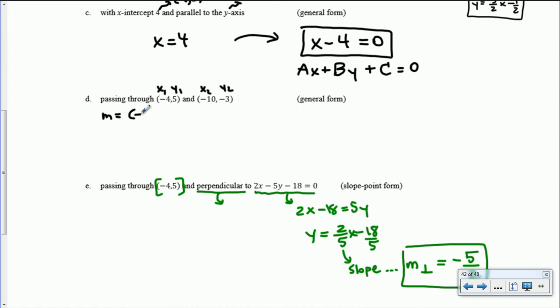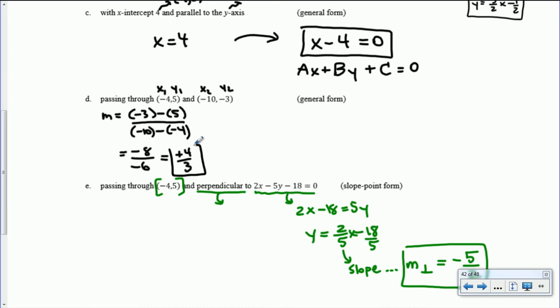So we're going to go -3 subtract 5 divided by -10 subtract -4. -3 subtract 5 is -8. -10 subtract -4 is the same as -10 plus 4, so that is -6. -8 divided by -6 simplifies to +4/3.